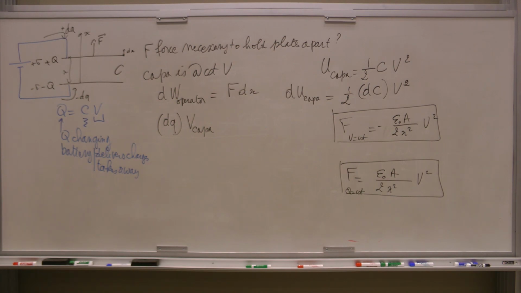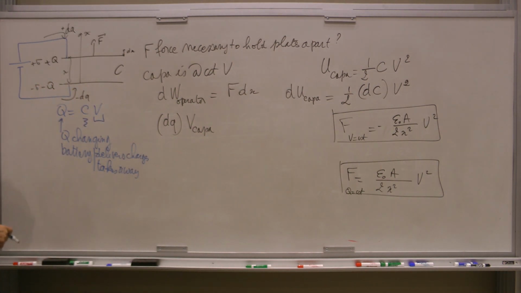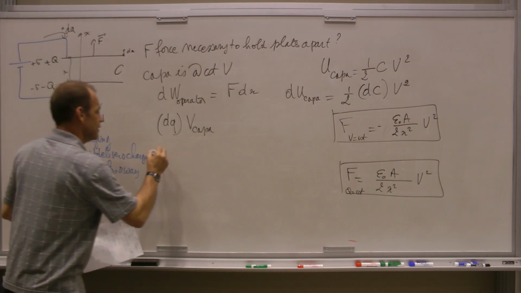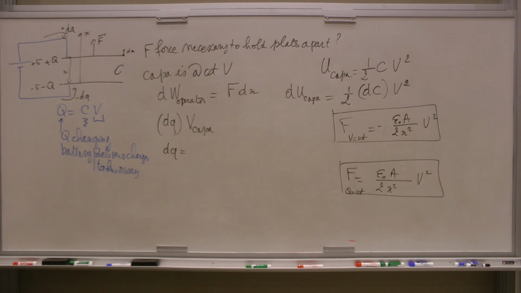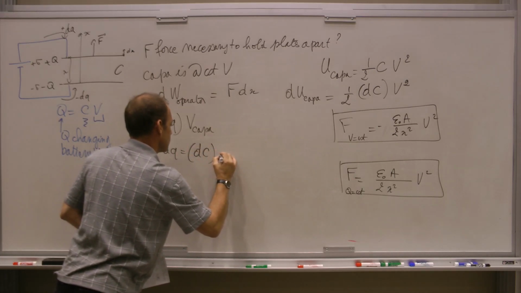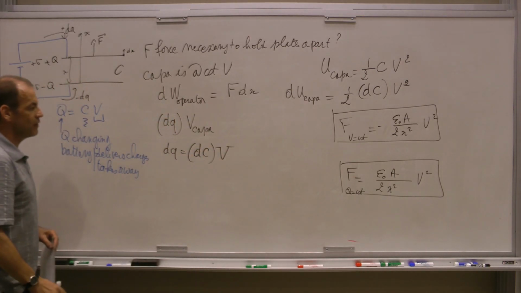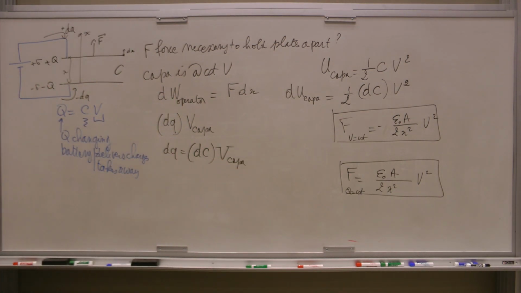And we know that this voltage of the capacitor is constant anyway because it is controlled by the EMF of the battery. But what is that amount of dQ? Well, that dQ is going to correspond to a change in the capacitance times the voltage V of the capacitor. Right?